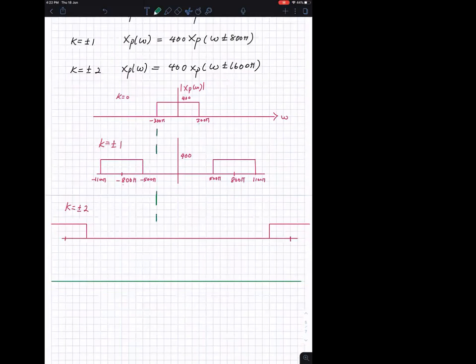You can see that there's nothing in this area except this amplitude spectrum, which is 400, minus 300 pi to 300 pi.